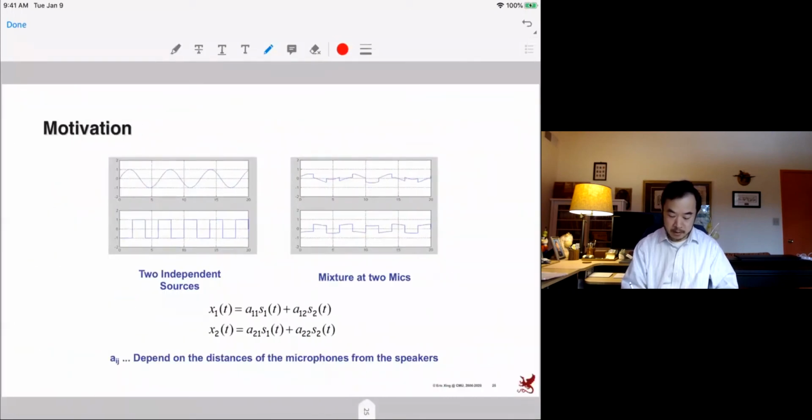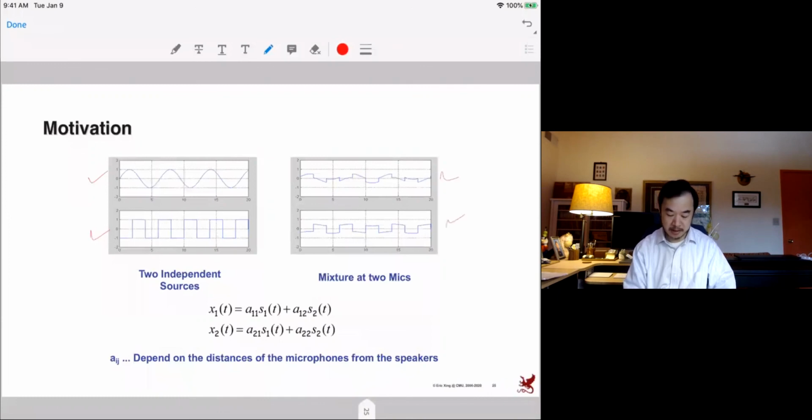So here, we can see a real-world example. Suppose that you have these two independent sources. One is a sinusoidal waveform, and the other is just a square wave. And what you observe on the two receiver ends could look like this.